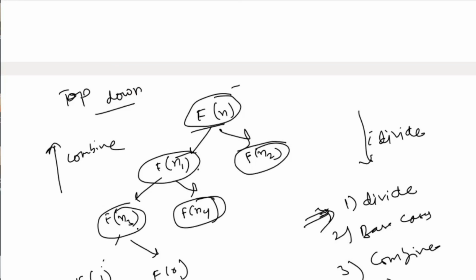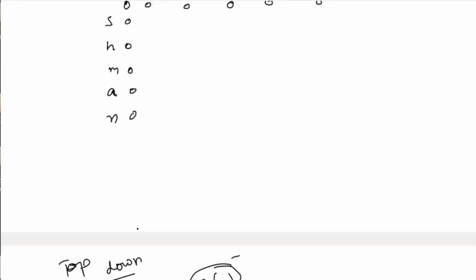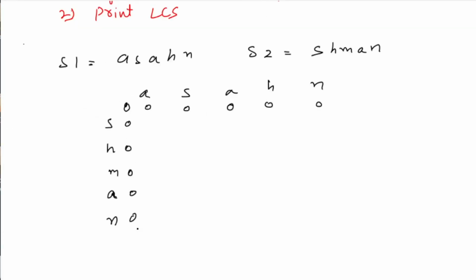So let's see the bottom up approach for the LCS problem. Suppose that you are given two strings, s1 is this and s2 is this. Now you have to find the length of the longest common subsequence.